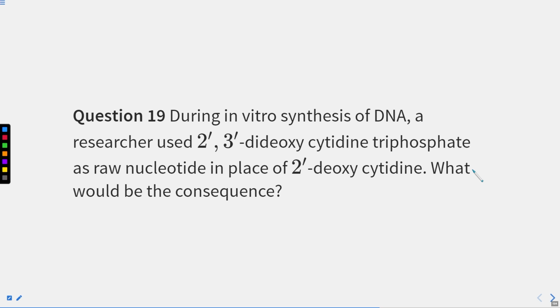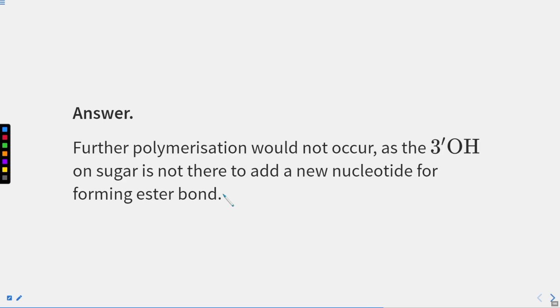Question number 19. During in vitro synthesis of DNA, a researcher used 2',3'-dideoxycytidine triphosphate as raw nucleotide in place of 2-deoxycytidine. Now, what will be the consequences? The answer is that further polymerization would not occur, as the 3' OH on the sugar is not there to add a new nucleotide for the formation of the ester bond.